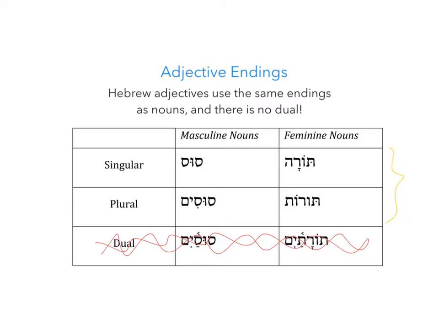If we go back to our noun pattern here, it's sus, susim, torah, torot. Those are our examples. What we're highlighting in this noun pattern are these endings that we already know how they behave.